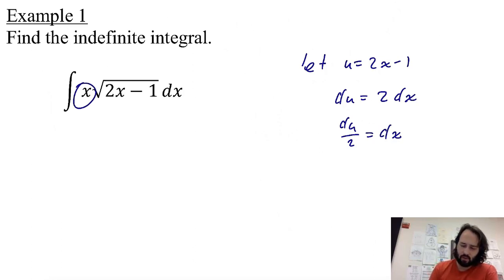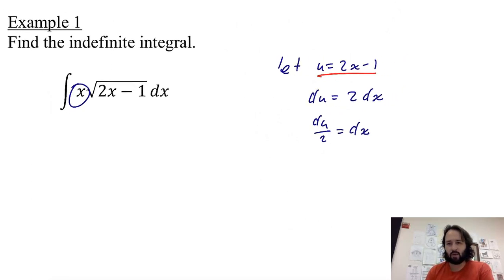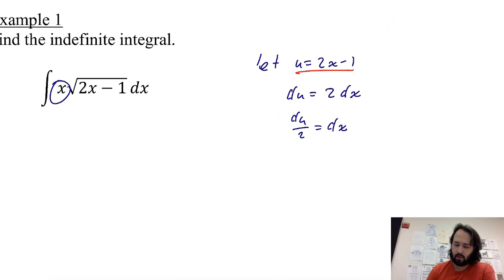However, something cool that I can do is I know a relationship between u and x. Right, I defined that relationship right there. So what I could do is say that if u is 2x minus 1, then u plus 1 over 2 is x. And what that allows me to do is to write my integral all in terms of u.